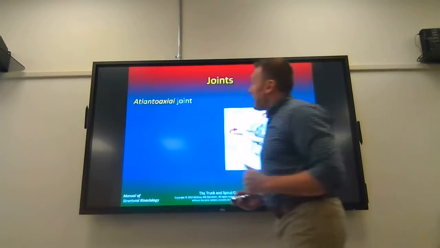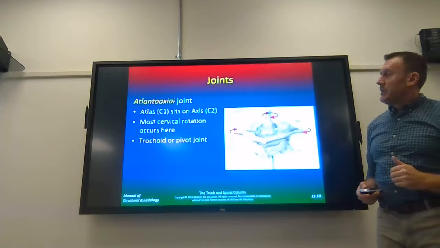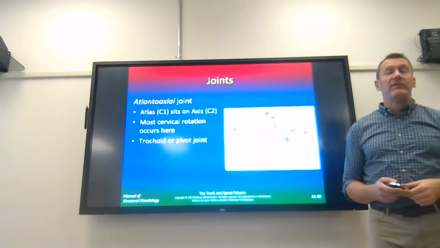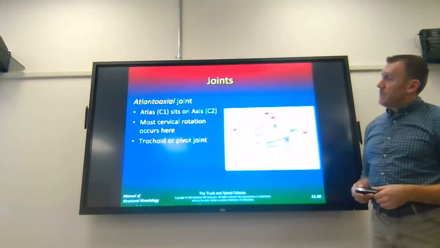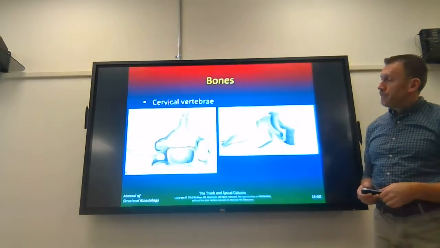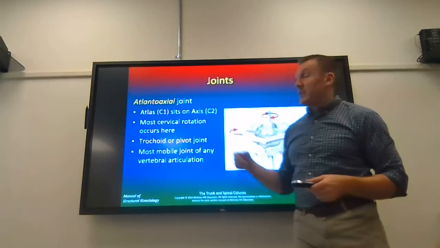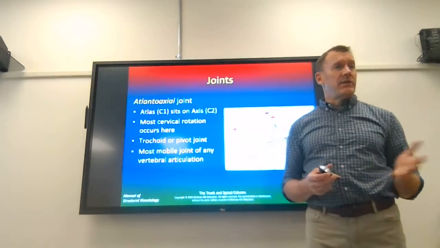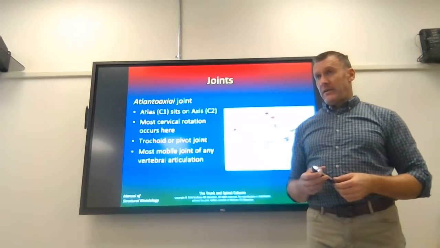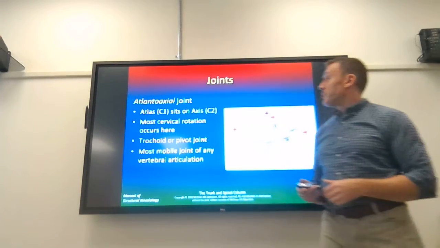The atlanto-axial joint is considered a trochoid or pivot type joint. This is where you have rotation. Rotation of the head would be transverse plane, right? Transverse plane.